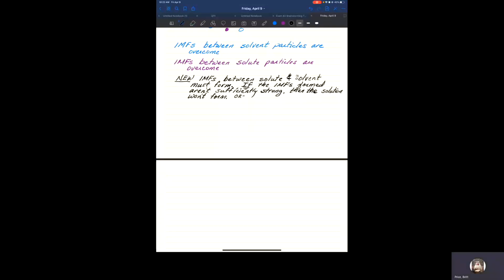Or the saturation concentration, the concentration of the saturated solution is very low.